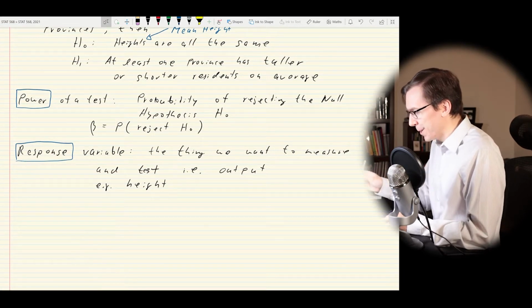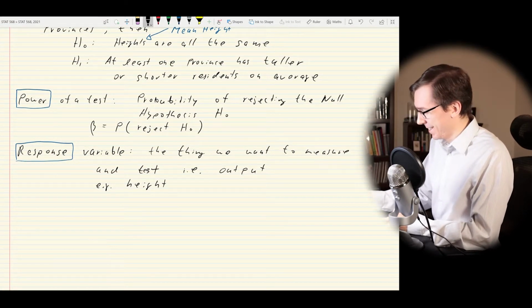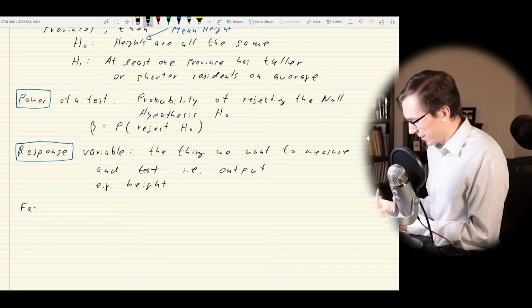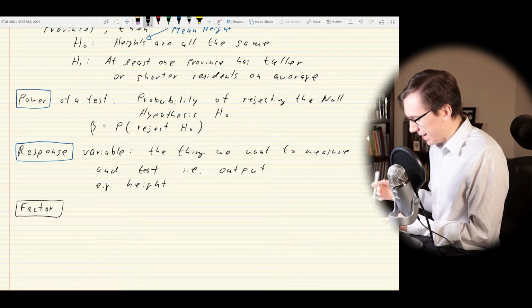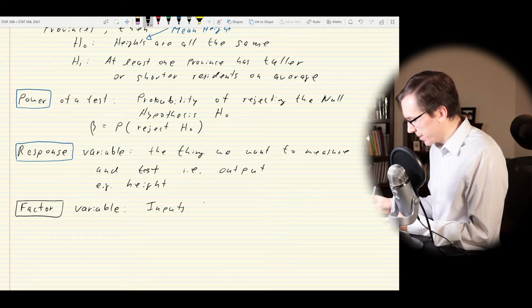Now, if we have the output, we probably want to know what the input is. So the input to our model are going to be called factors. Maybe I should say factor variable. And these are going to be the inputs to our model.